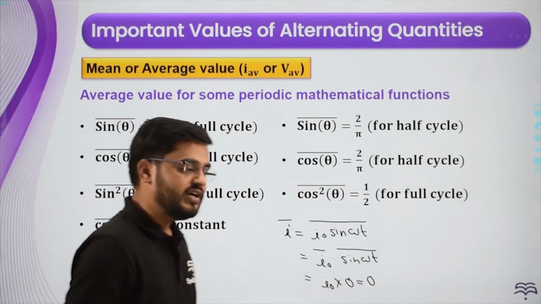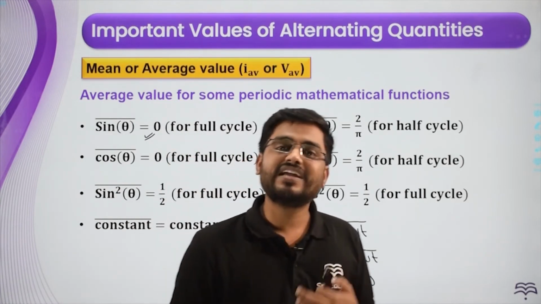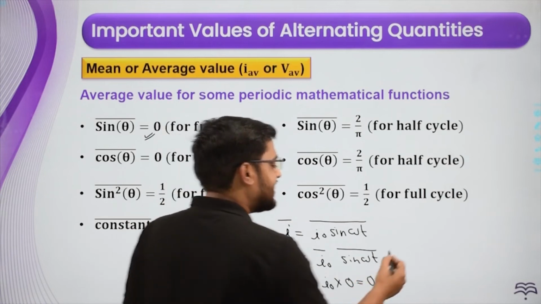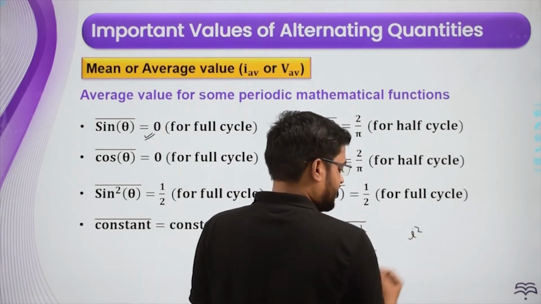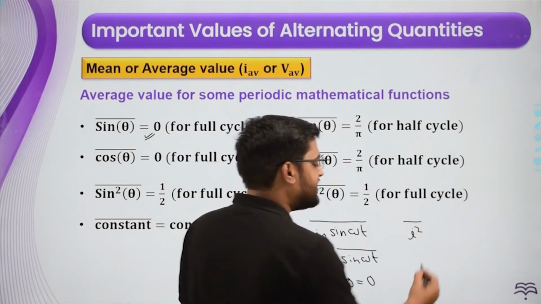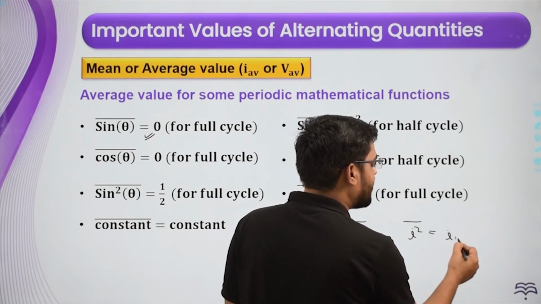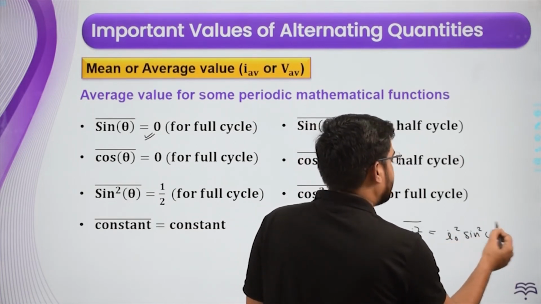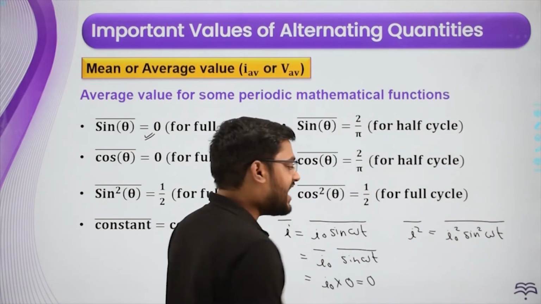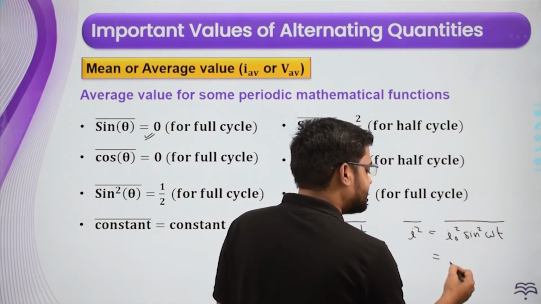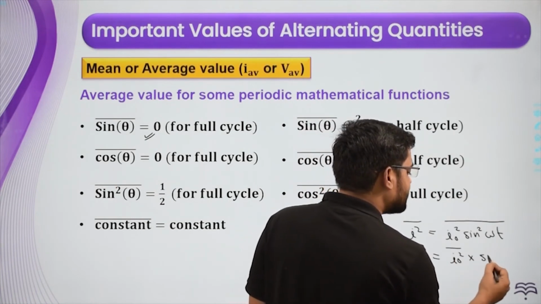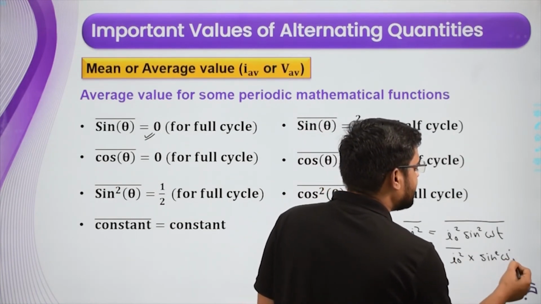Similarly, what about the mean of the square? So I am finding the mean square value. If they are saying get the square and then do the mean, then the square is nothing but I naught square sine square omega t, and the mean of that. Then this is the mean of I naught square times the mean of sine square omega t.